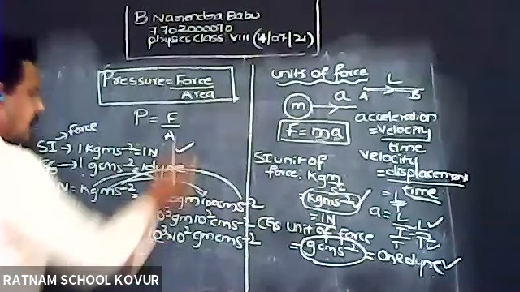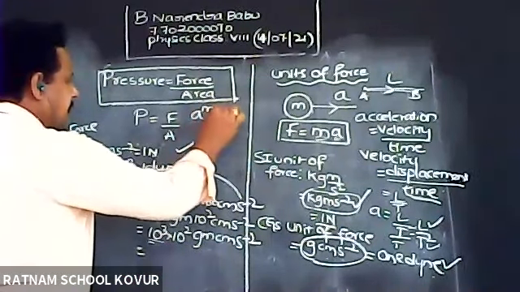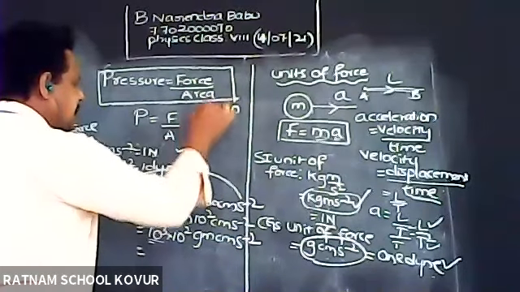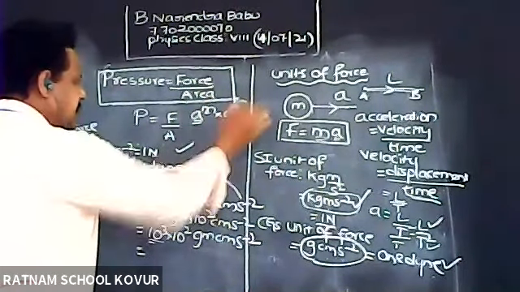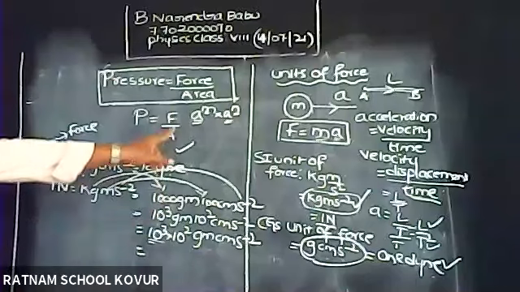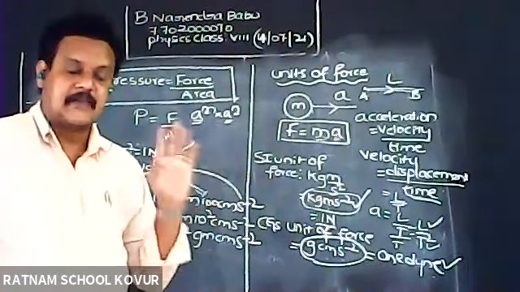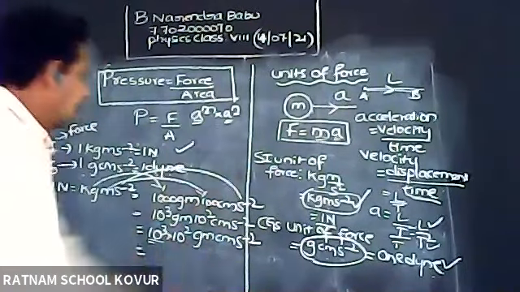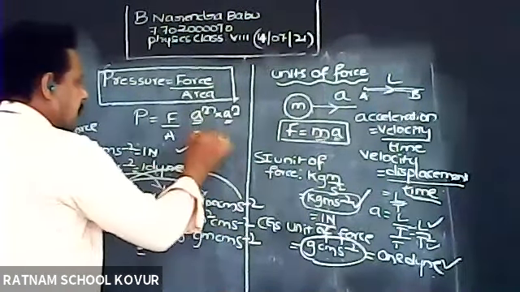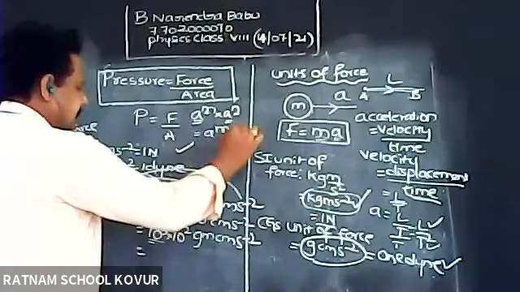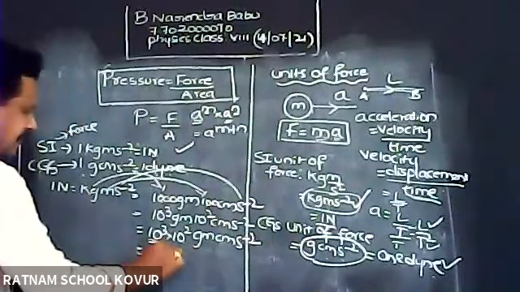You know, A power m into A power n. This is base, this is power. When the same bases are multiplying, you can add the powers. In the same way, here the base is same, you can add the powers.